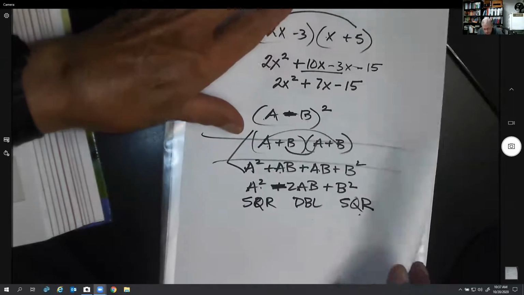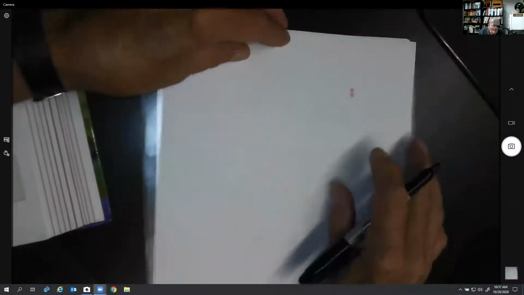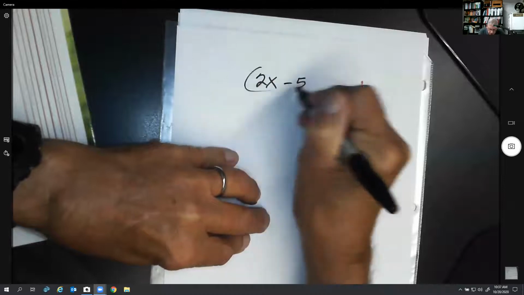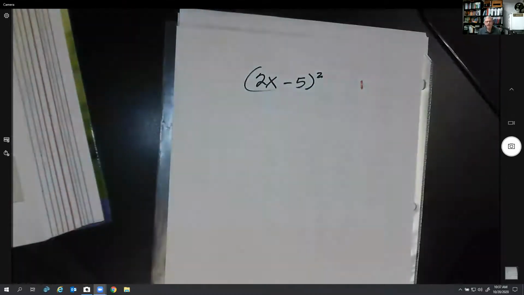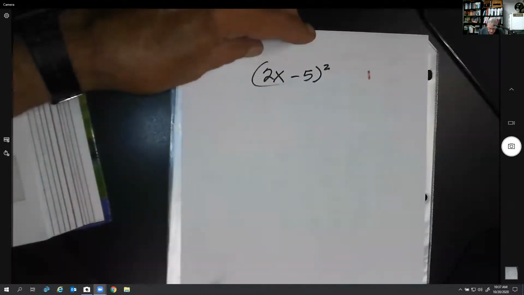So let's try it on a problem. Let's see if we can do it on a simple problem. Try something like this. What if I had, I don't know, 2x minus 5 squared? Well, I could do it traditionally, and I will in a minute, but I'm going to use this little shortcut.